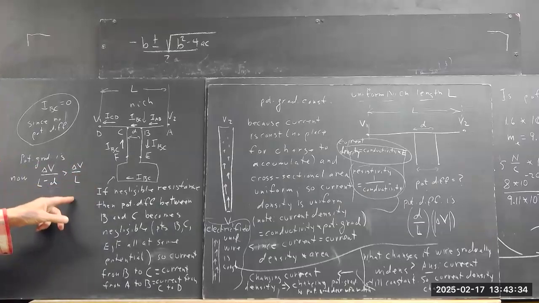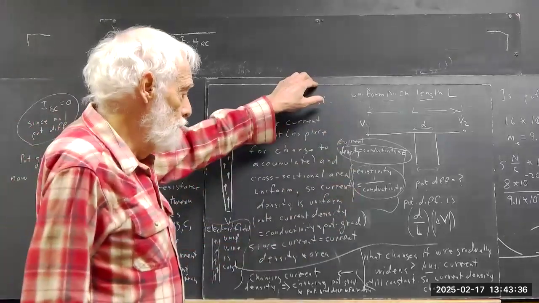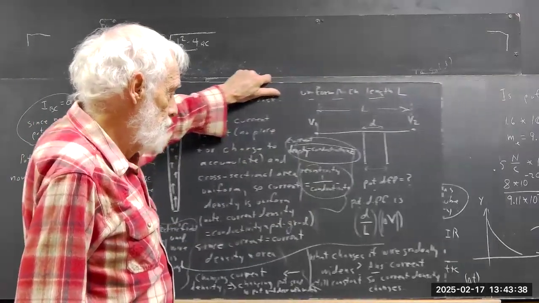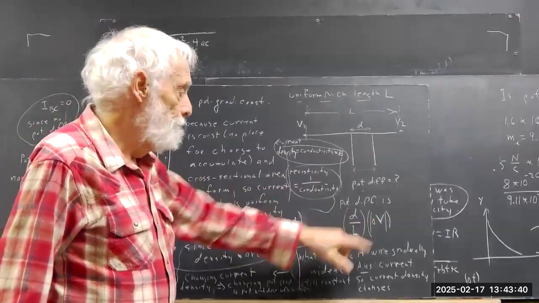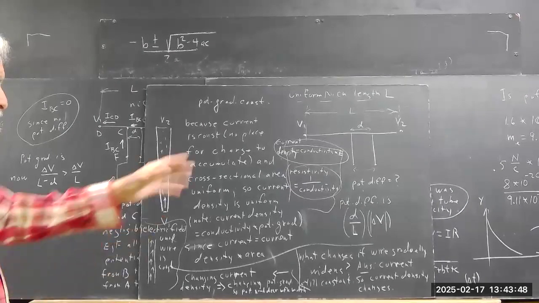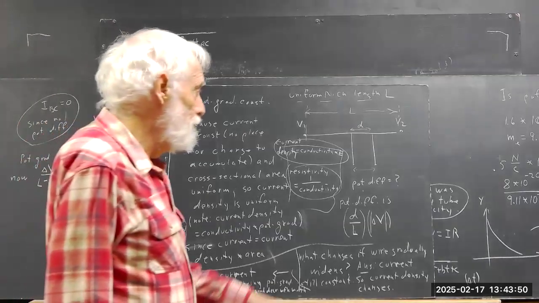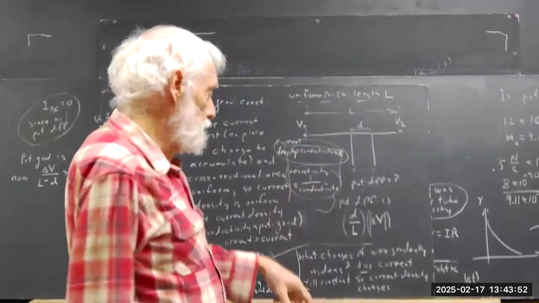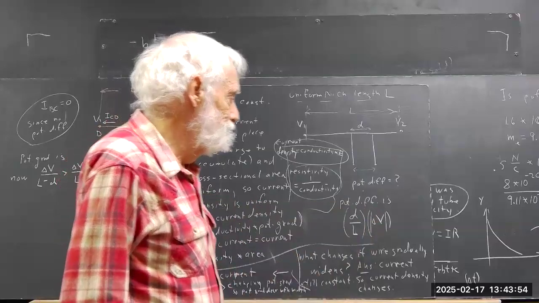Which is greater than the delta V over L that we had over here. And that is the potential gradient from here to here, and we multiply.